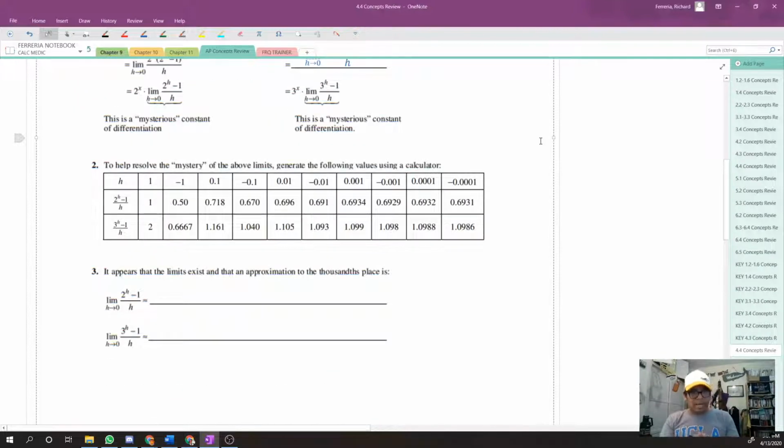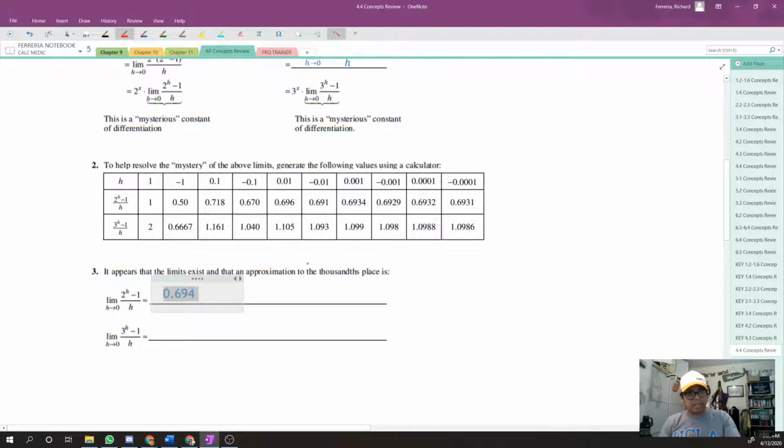Okay, so here is what I came up with, and as h approaches 0, we're approaching this area right here. It looks like as h approaches 0, 2 to the h minus 1 over h is going to be some number between 0.696 and 0.691. You can call that 0.693 or 0.694.